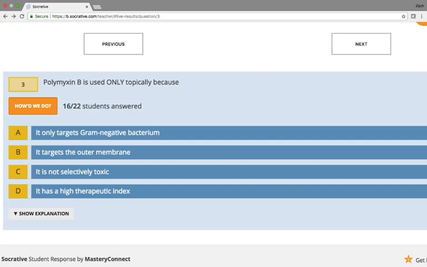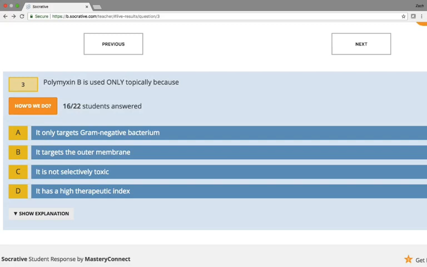And so that's why it's considered to be not selectively toxic, per se. This is probably not the best question, admittedly. But usually we find drugs, again, if they are selectively toxic, if they have low toxicity on humans, that's going to correlate with a high therapeutic index. So actually, the way that this is set up, these are inverses of one another.